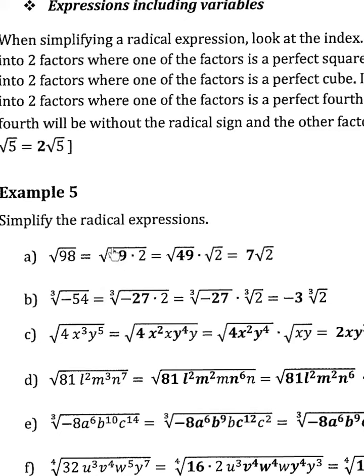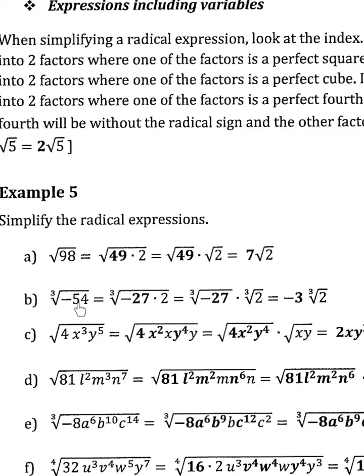We look for a factor of 98 that is a perfect square, and that would be 49. 98 is 49 times 2. We separate these, the 49 and the 2. The square root of 49 is 7. The 2 that cannot be simplified stays under.